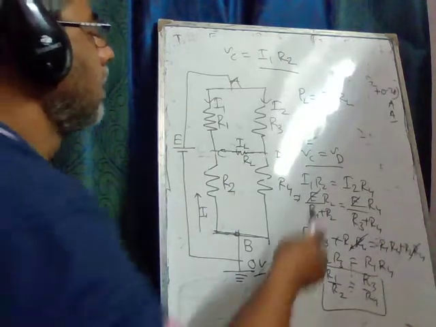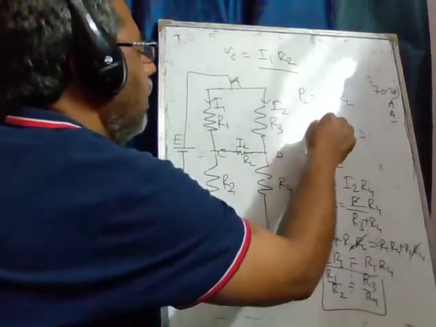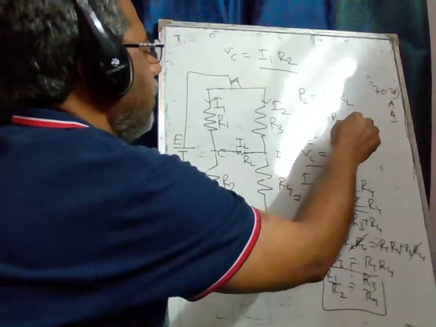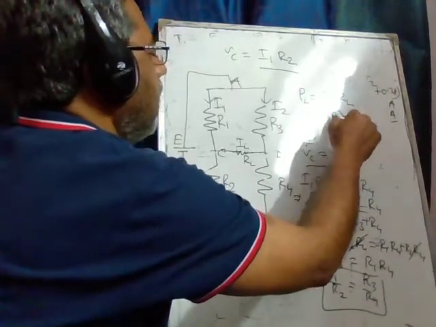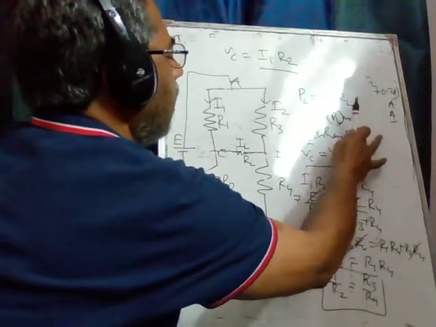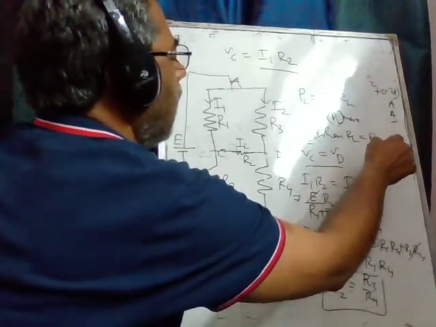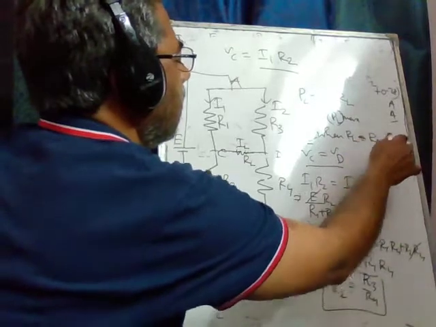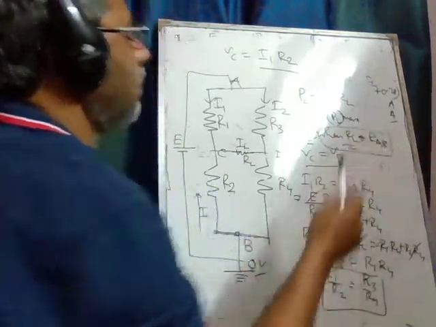So the condition is PL max when RL equals RAB, right? This is the maximum power transfer theorem.